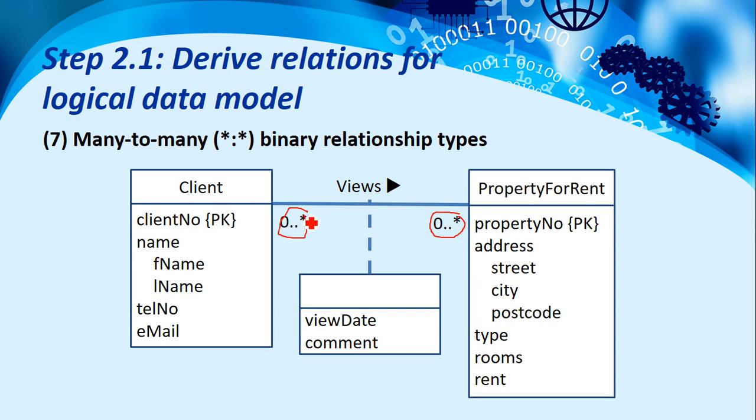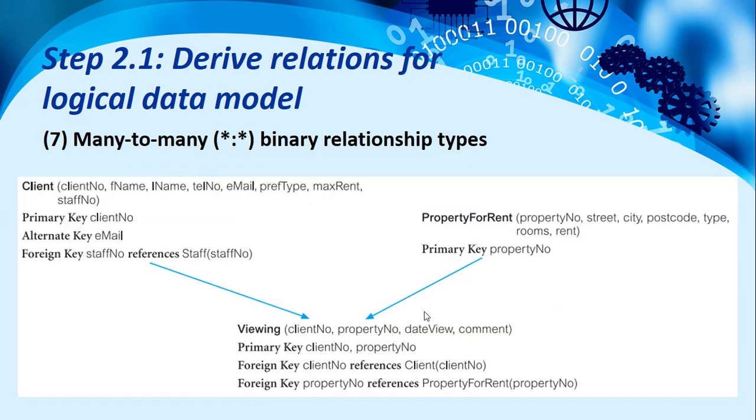As long as it's more than one, it's already considered as a many-to-many relationship. So yan, we also have the views relationship, in which yung views relationship meron siyang attributes. The views relationship has the following attributes: view date and comment. So therefore, yung mangyayari is ganito.